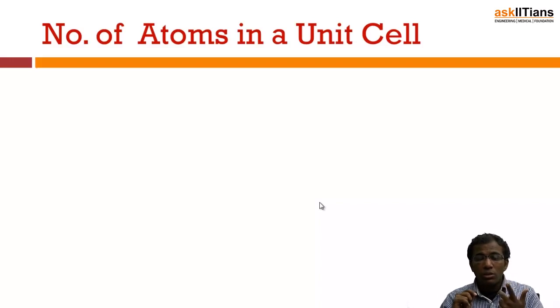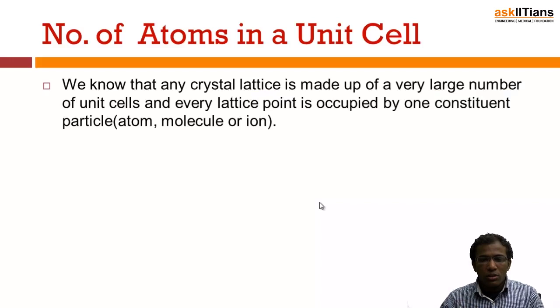This is the point that you need to observe. It's not that if one particle is at the corner of one unit cell, it entirely belongs to only that unit cell. No, it is shared by other unit cells. I'll tell you how the atoms are shared.